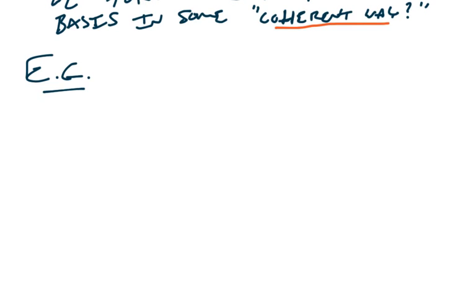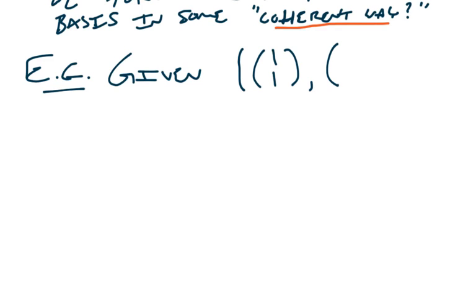If we were to start with, let's look at a two-dimensional basis for simplicity. So if we were to look at the basis vectors (1, 1) and, let's say, (3, 1).